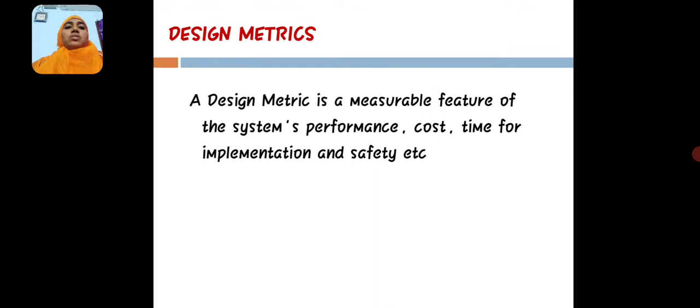It is the measurable features of a system's performance. How much performance does the embedded system have, what is the cost and the time taken for implementing that device, and can we maintain its safety or not. All these measurable features come under the design matrix.